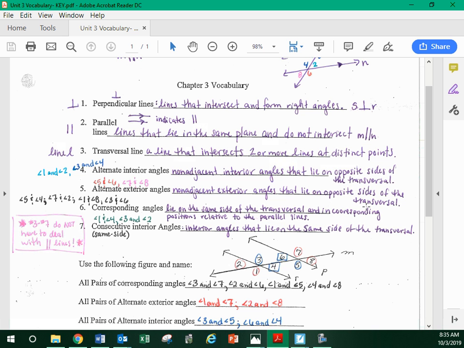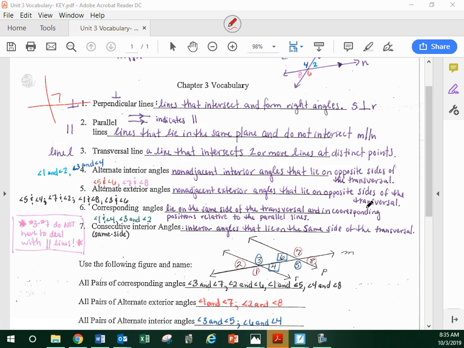So basically just a little perpendicular or a little parallel symbol. Also, for perpendicular, to indicate on the diagram that 2 lines are perpendicular, we'll draw that right angle notation there. And we already talked about for parallel, when 2 lines are parallel, they draw the little arrows on it.